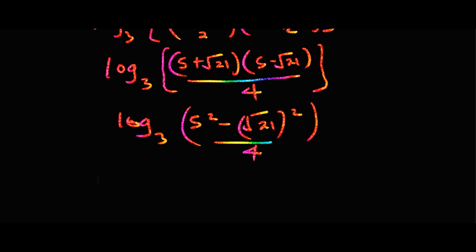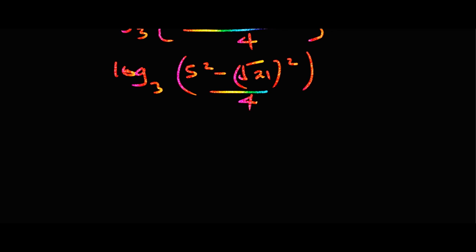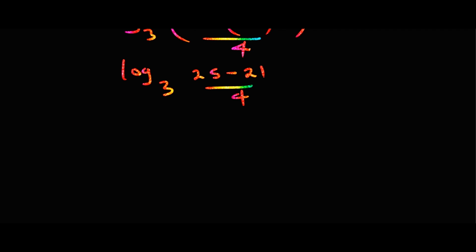If we simplify the numerator, we're going to have log to base 3 of 25 minus 21 over 4, and 25 minus 21 is 4. So we have log to base 3 of 4 over 4, which is the same as log to base 3 of 1. And remember, the log of 1 is the same as 0.